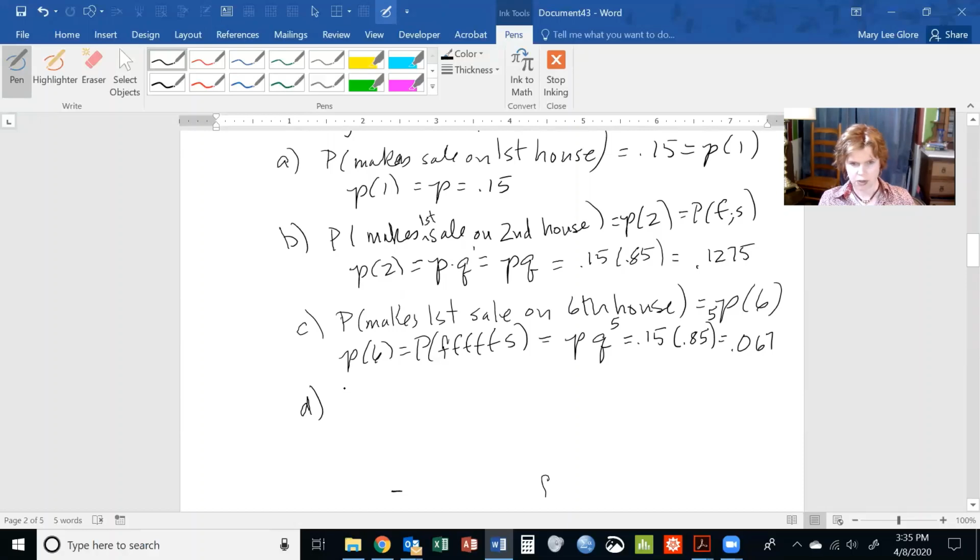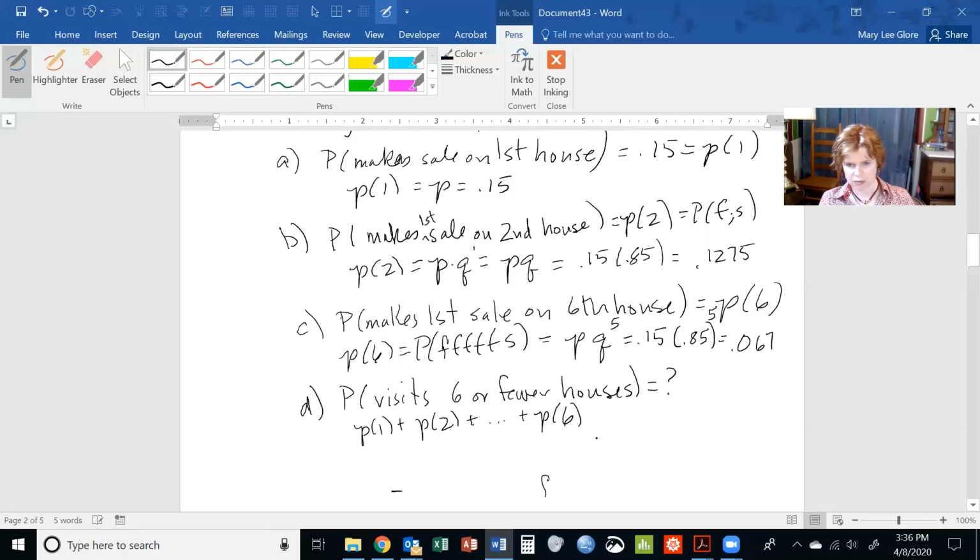All right, here's one. What's the probability that he visits 6 or fewer houses? Basically this is P of 1 plus P of 2 plus and so on up to P of 6.